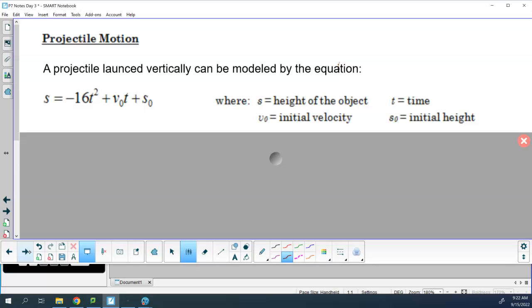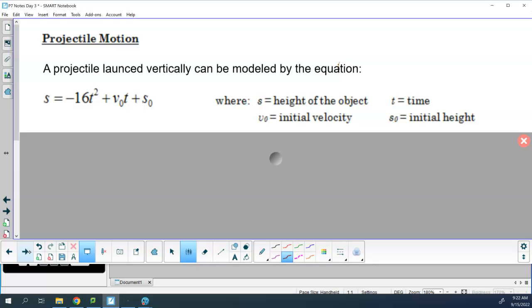Hits something. Now, we are assuming in this scenario that we're in a vacuum. So we're assuming no wind blowing, no anything like that. You know what I mean? So the only constant that's being affected on it is gravity. Okay?